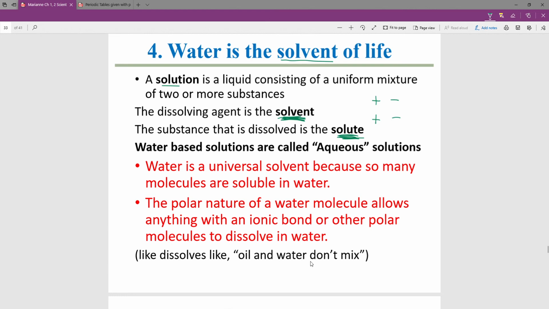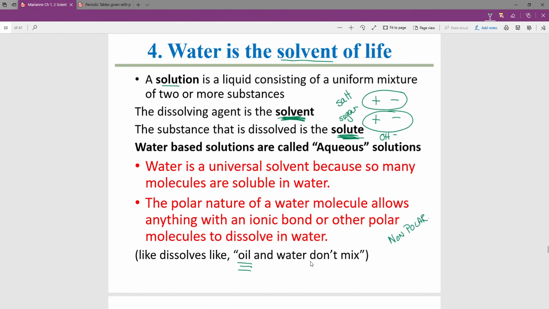Like I said, you can have ionic substances like salt soluble in water, and you can also have polar substances like sugar or alcohol with the hydroxide group on it, or any other polar molecule will dissolve in water. The idea here that oil, going back to the bonding, would be non-polar.